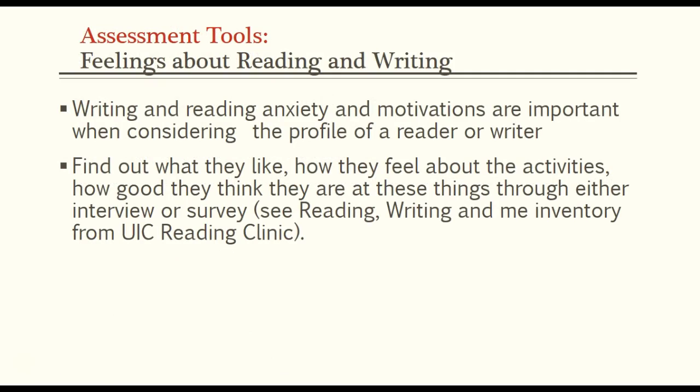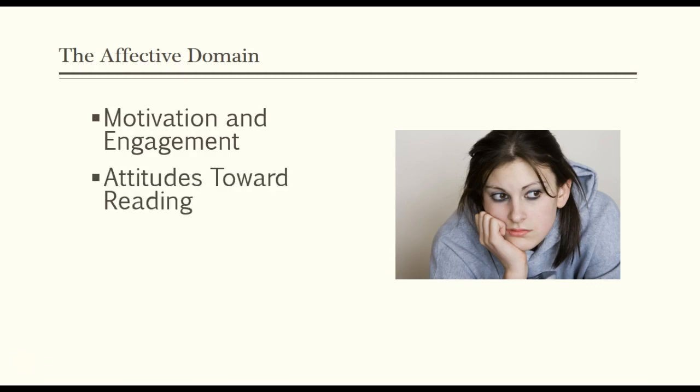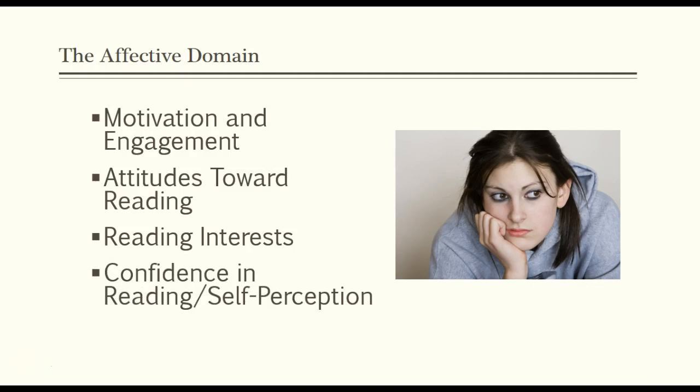And then lastly, but I encourage you to start with this, is to get an indicator for how they feel about reading and writing. And that is how we wrapped up last week, was thinking about the affective domain, which includes motivation and engagement, attitudes toward reading and writing, writing interests, and confidence in reading, writing, self-perception.